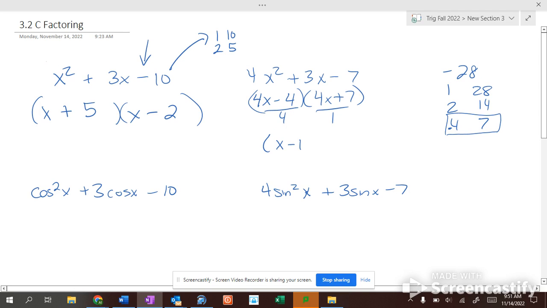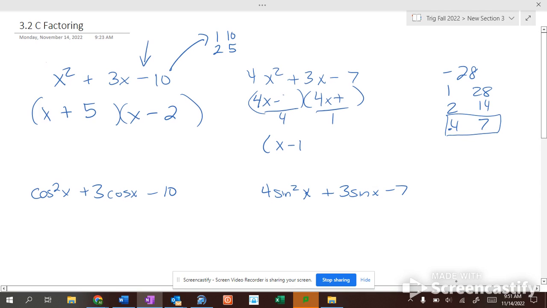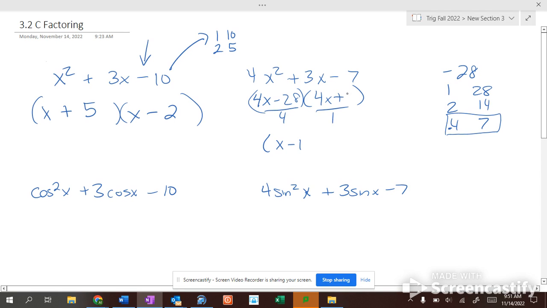No, I did that wrong. Because I'm mixing up Wheels' method and my method, and I screwed that up. Okay. I know Wheels goes 4 and 4, and so we need to have factors that, so is this 28?